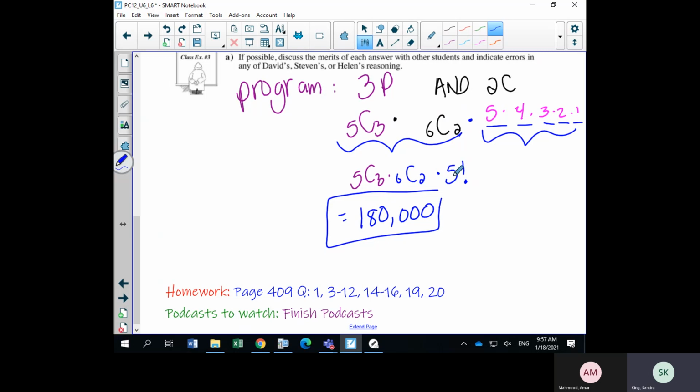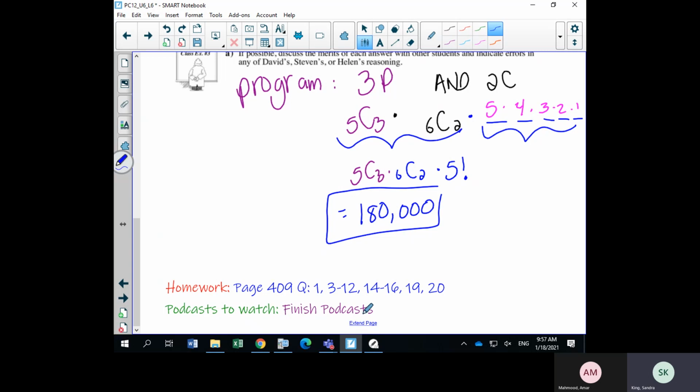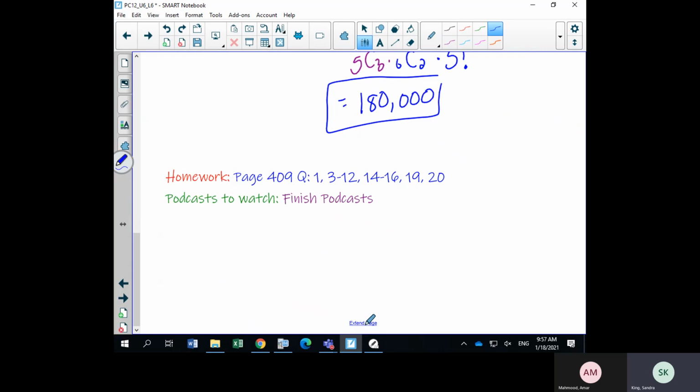Okay. So once you do these questions on the homework, this is the one you really want to pay attention to and make sure you understand. Okay, here's your homework. So let's get this circled.